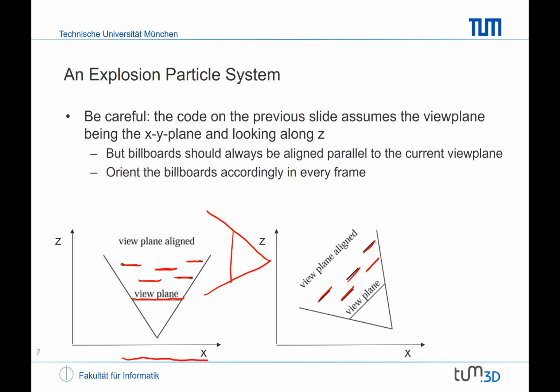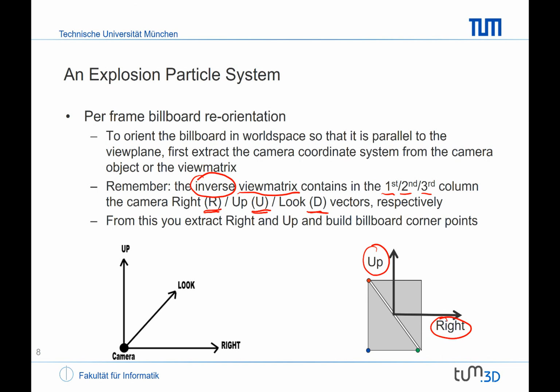Now we have to do the very same, but using the up and the right vector, meaning that we take the center point of the particle, and then we move 1/2 of the billboard size along the right vector, and 1/2 of the billboard size along the up vector, or into the negative directions, and this gives us the corner points of the quadrilateral, or the billboard.